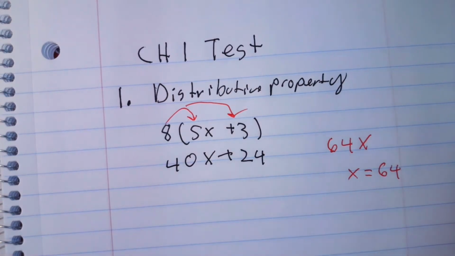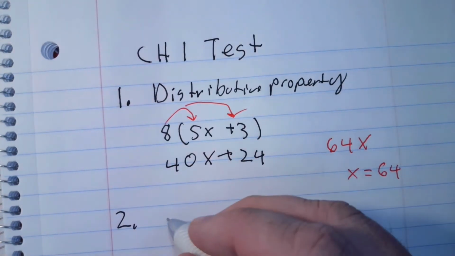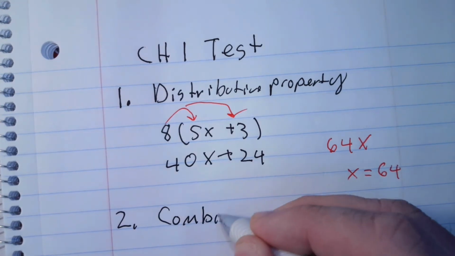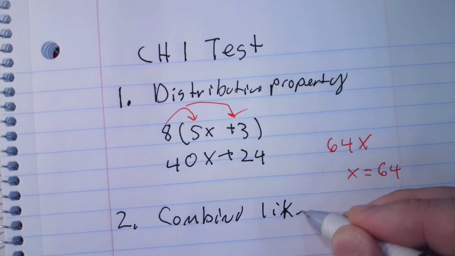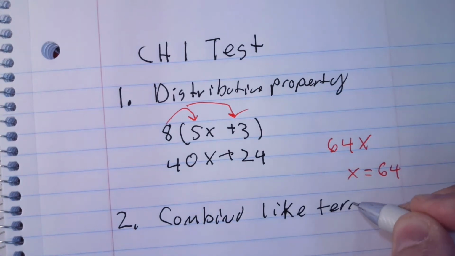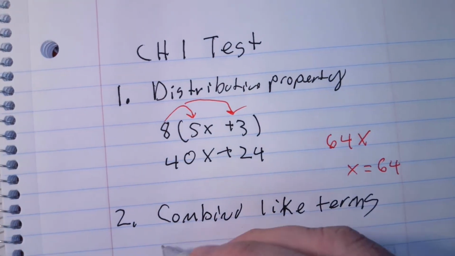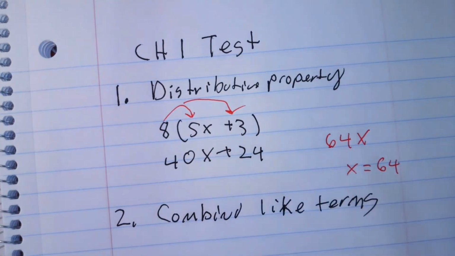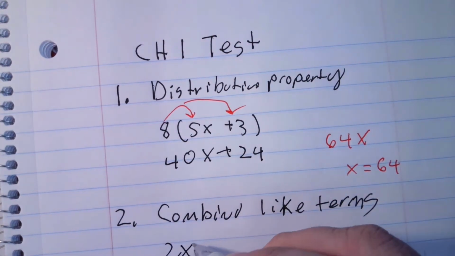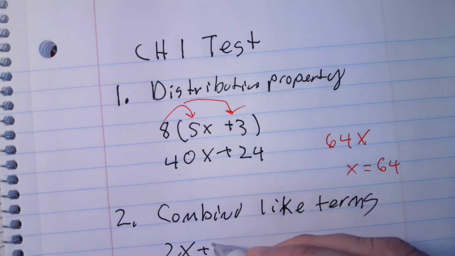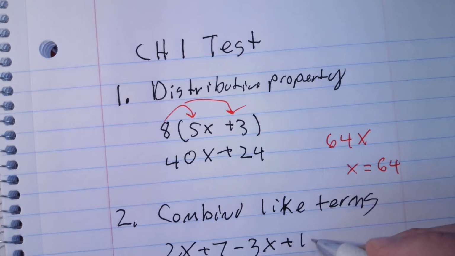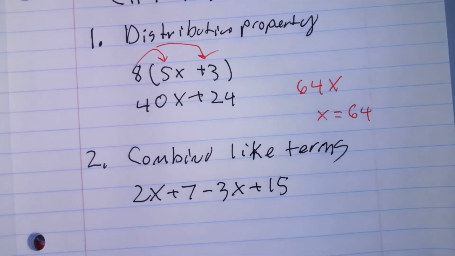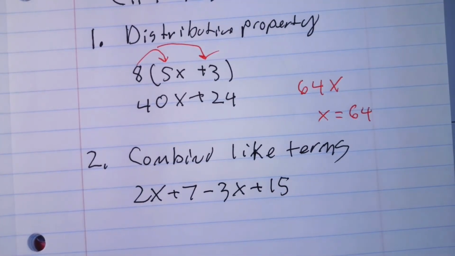Second thing we need to know how to do. Okay, I'm going to give you an example of this. Let's keep it in a color that shows up good. Okay. Combine like terms.